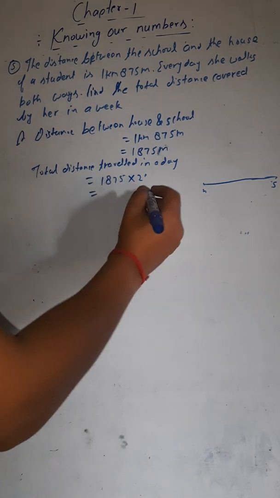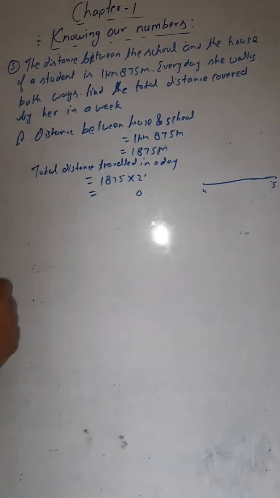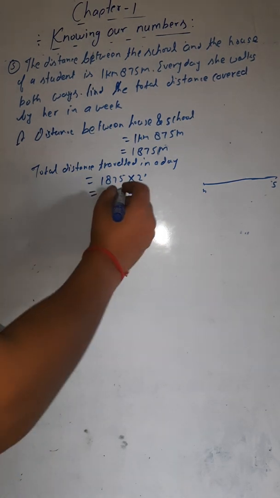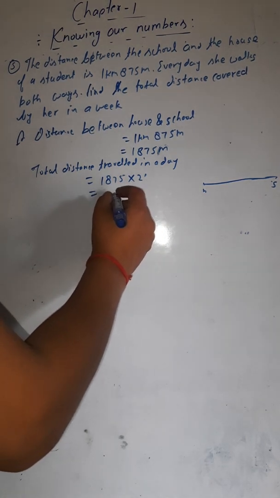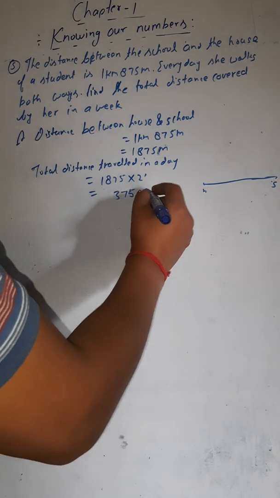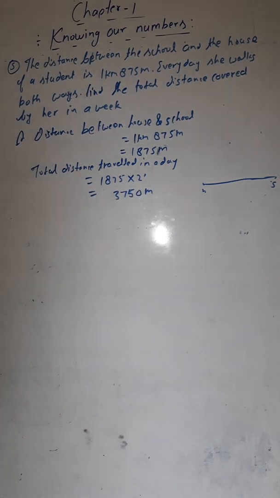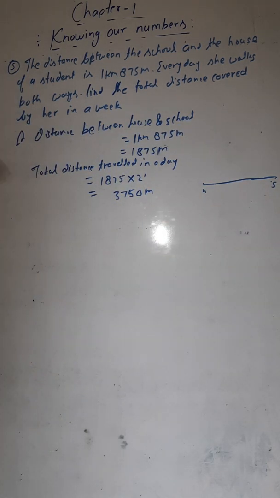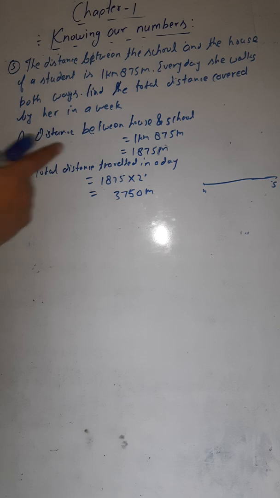So the answer would be 2 5 is 10, 0 carry 1, 2 7 is 14, 1 carry 15, 5 carry 1, 2 8 is 16 plus 1 17, 7, 2 1 is 2 plus 1 3. 3750 meter. This is the distance covered by the student in a day.